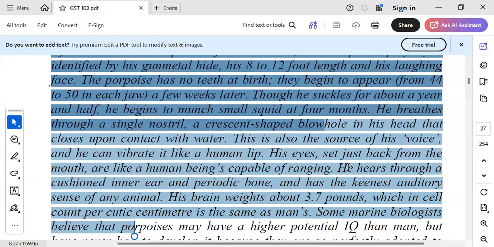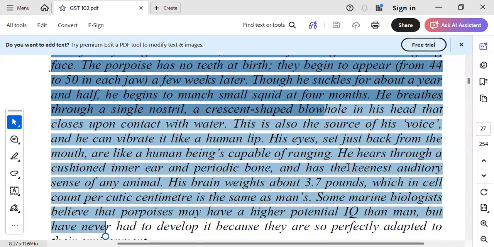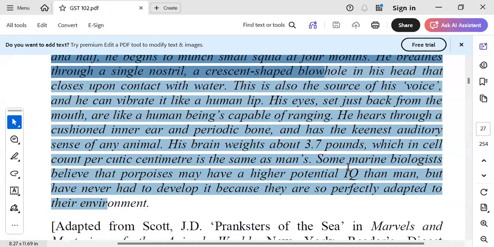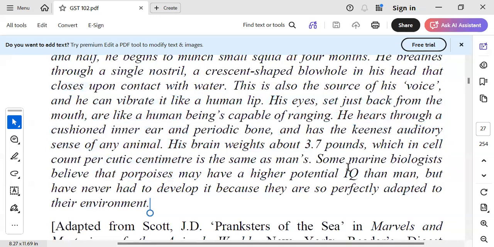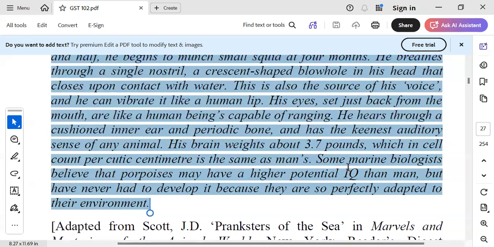Its brain weighs about 3.7 pounds, which in cell count per cubic centimeter is the same as man's. Some marine biologists believe that porpoises may have a higher potential IQ than man, but have never had to develop it because they are so perfectly adapted to their environment.